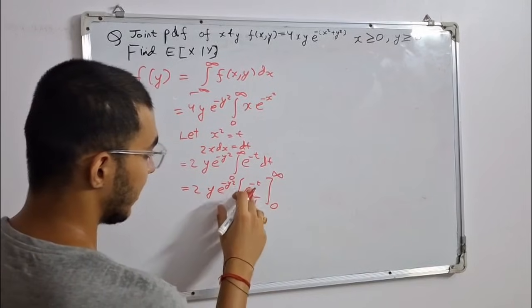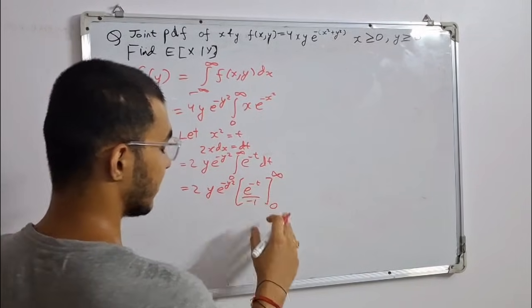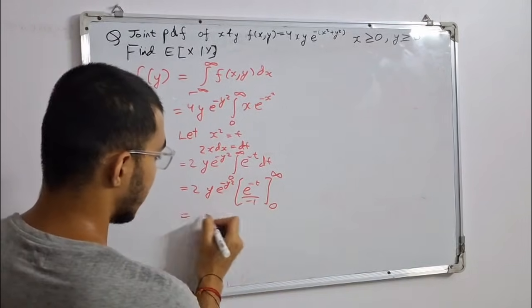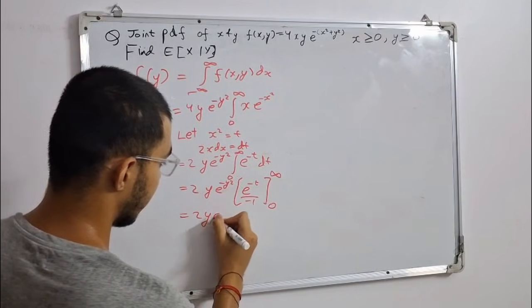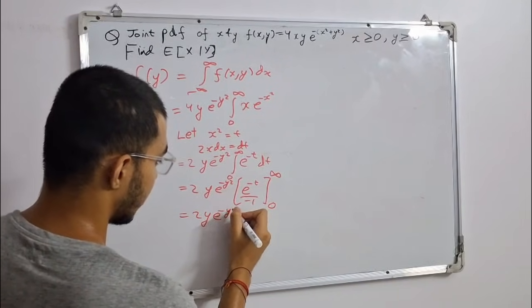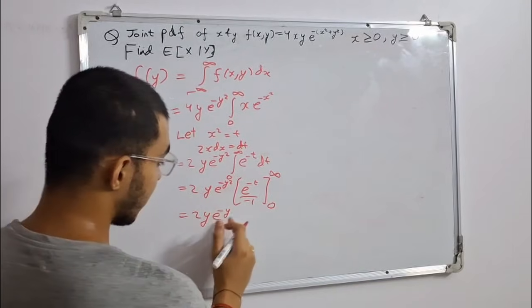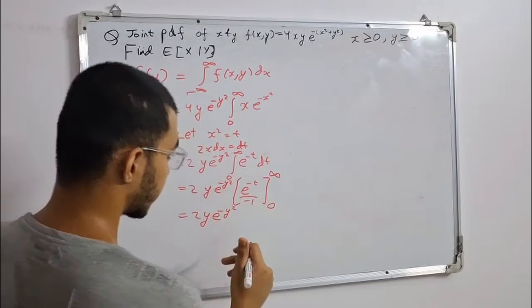So it will be e to the power minus infinity minus e to the power 0, which will be minus 1, and the minus 1 and minus 1 will cancel out. So ultimately it will be 2y e to the power minus y square.